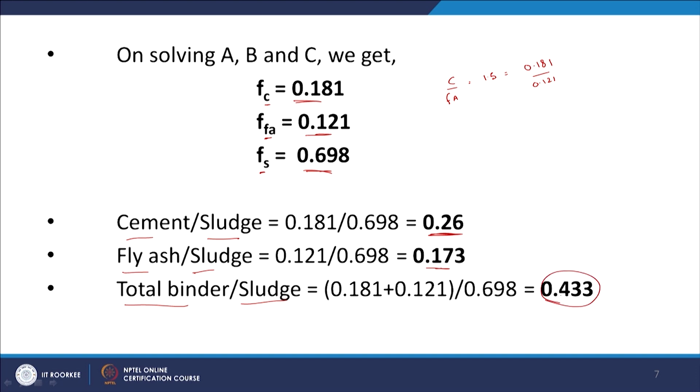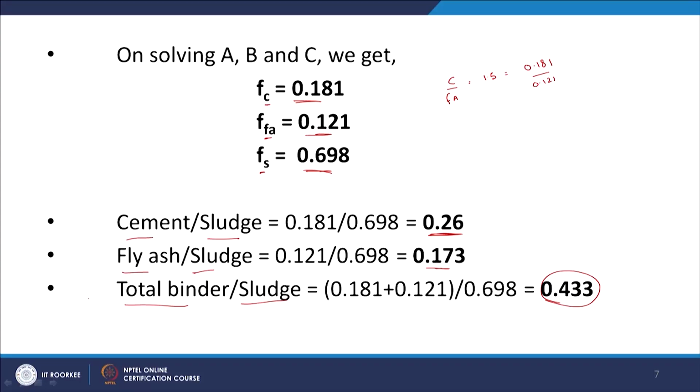As you see, I am adding 0.433, or almost half. The total binder is almost the same as your relevant waste here, slightly lower though. That is something that people look at.